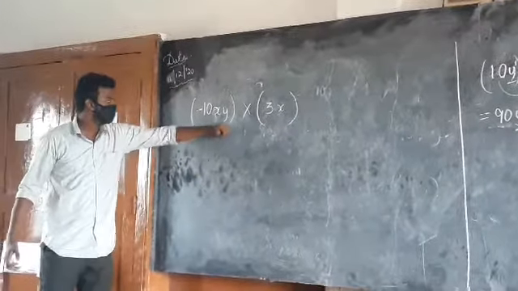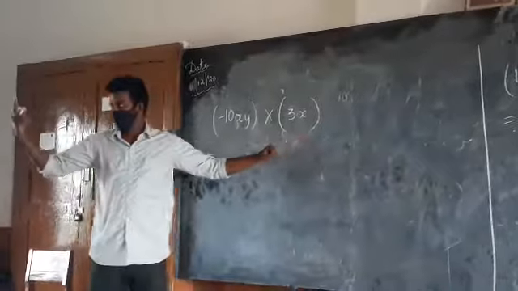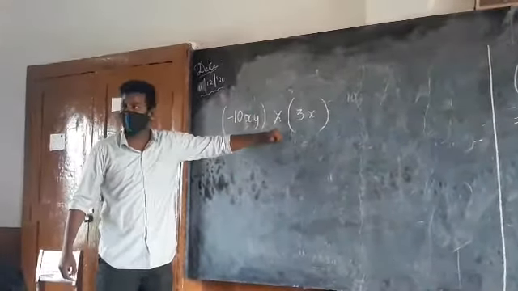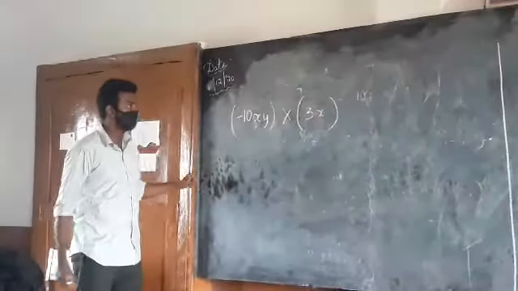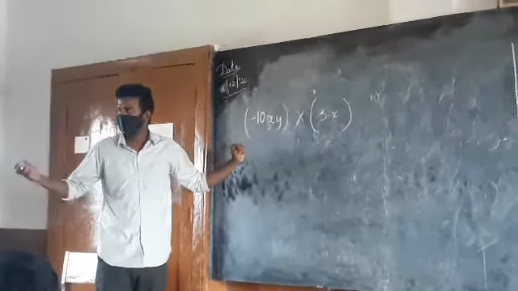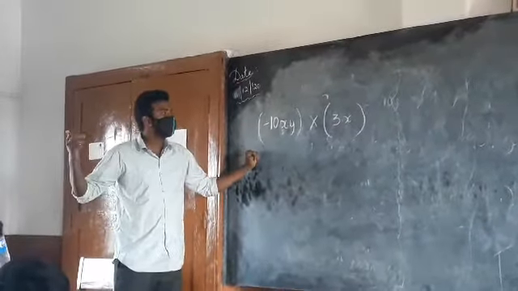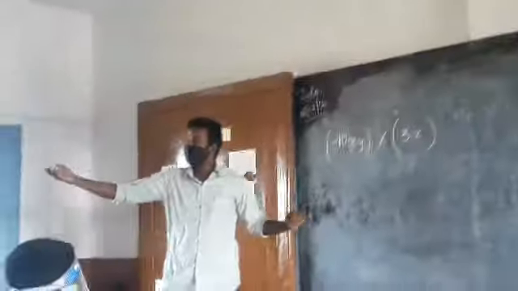Two monomials. One is minus 10xy, another one is 3x. Two monomials, and we are doing multiplication between them, just like that case. Now, this minus sign. Minus 30 x square y. Yes, louder. Minus 30 x square y. Explain it.